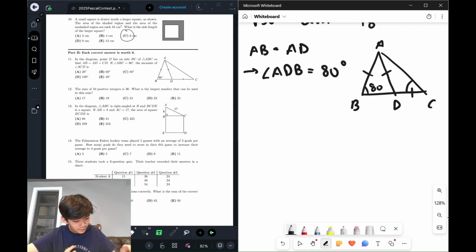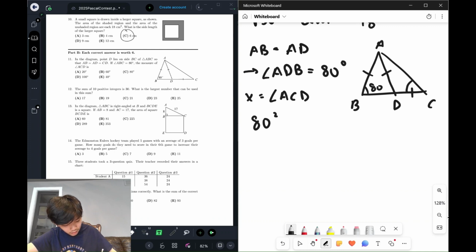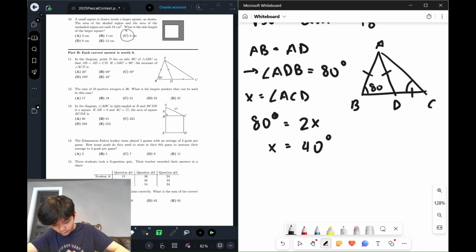Moreover, since we want angle ACD and AD is equal to DC, triangle ADC is also isosceles. So if we let x equal angle ACD, then by the external angle theorem on angle ADB, we have that 80 degrees is equal to 2x, so x is equal to 40 degrees. So our answer is E.